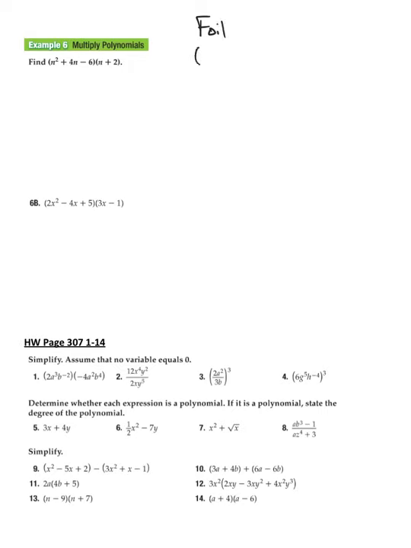If you think of FOIL, that's how we show you how to multiply a binomial times a binomial. First, outer, inner, last. It's the same idea. You're making sure x multiplies by both in the other term, and 2 multiplies by both in the other term.